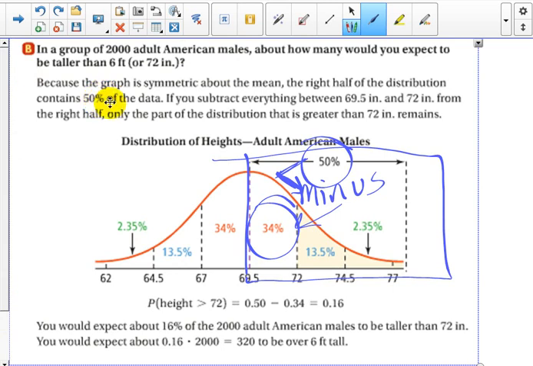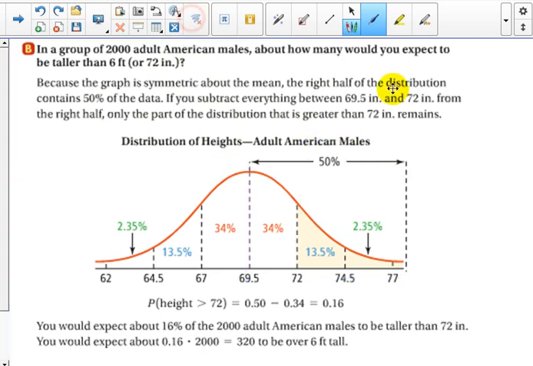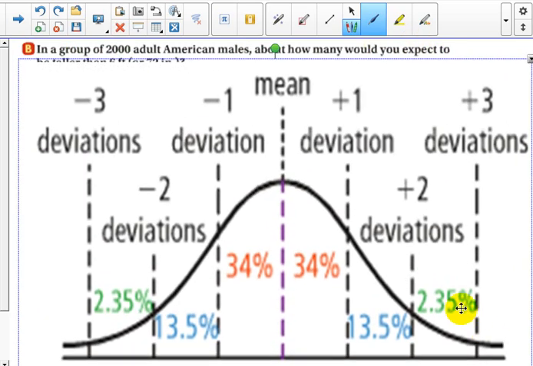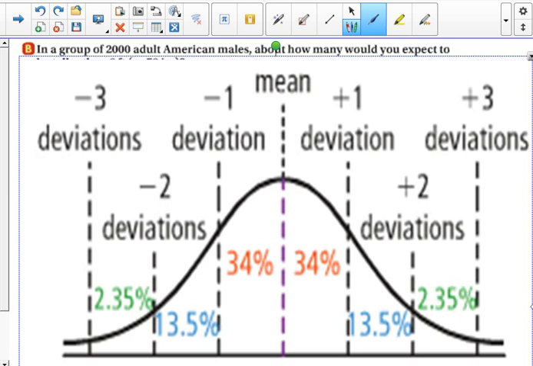All right, so let's look at the last problem before we do any more homework, because this one's a little different. It says, in a group of 2,000 adult American males, about how many would you expect to be taller than 6 foot, or 72 inches? So this one's a little different, because remember when I told you when we look at that chart that we're missing 0.3% on the ends.